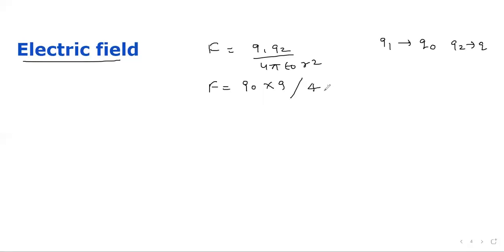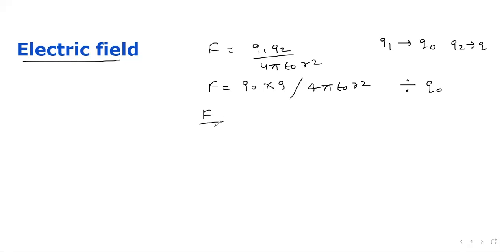Now, next point is electric field. So, F equal to Q1 Q2 divided by 4 pi epsilon naught R square. If we write Q1 as Q0 and Q2 as Q, then F will be equal to Q0 into Q divided by 4 pi epsilon naught R square. Now we divide it by Q0.